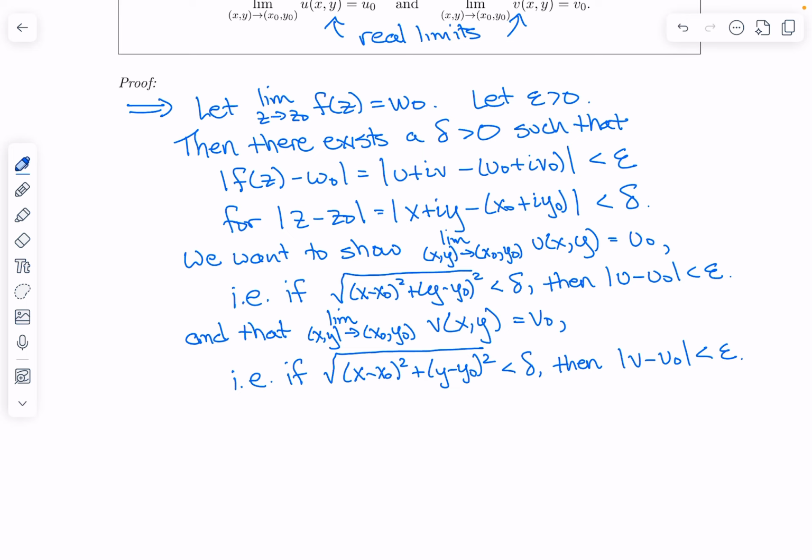So what I'm going to do is I'm going to look at these distances, the distance between u and u0 and v and v0.